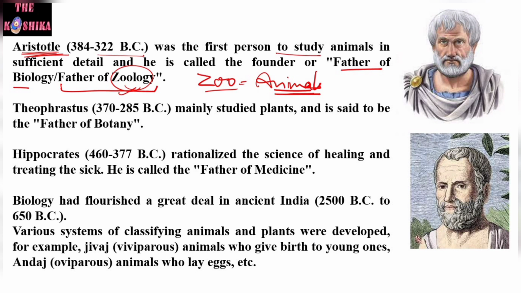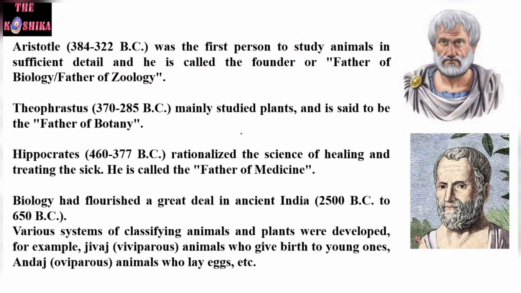So when you study specifically only about animals, that branch of biology is known as zoology. Don't be confused with the terms. The father of biology as well as the father of zoology is the same person, Aristotle.